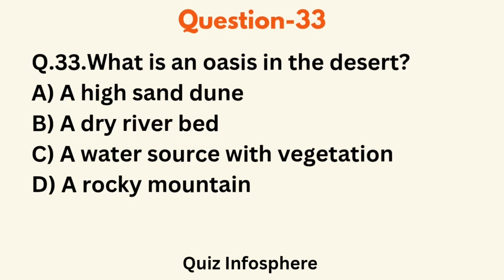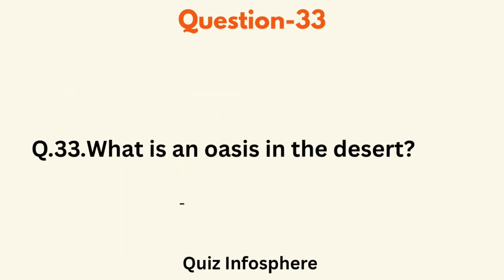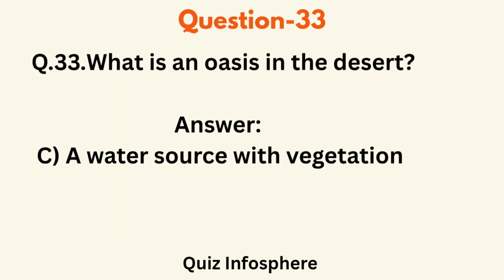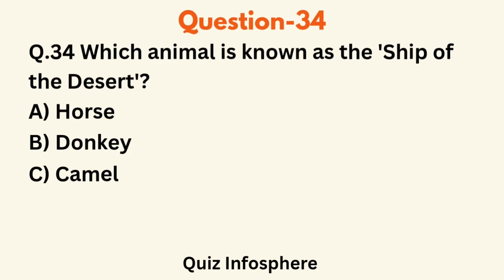Question 33. What is an oasis in the desert? A high sand dune, a dry riverbed, a water source with vegetation, a rocky mountain. The correct answer is option C, a water source with vegetation.